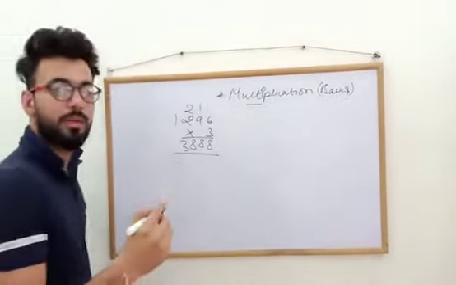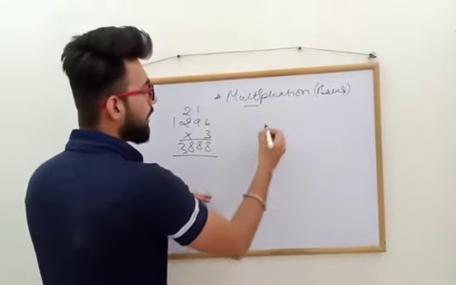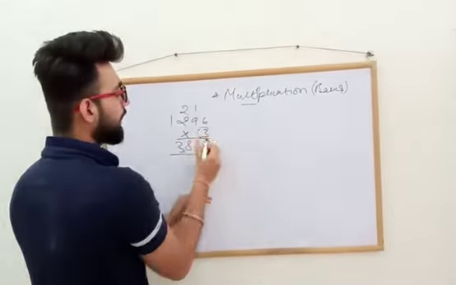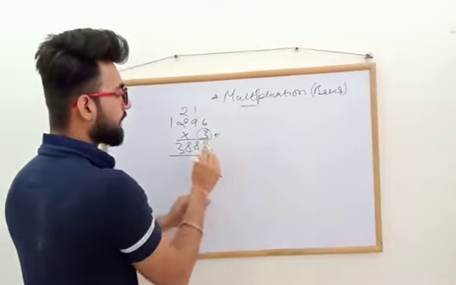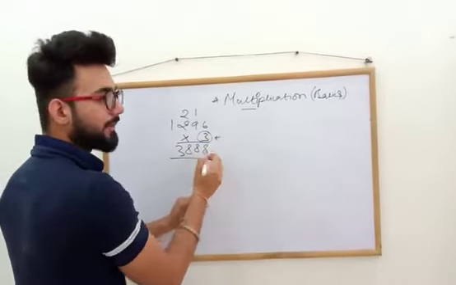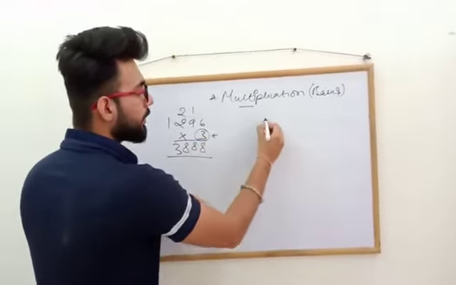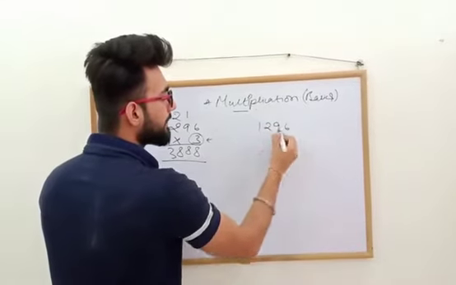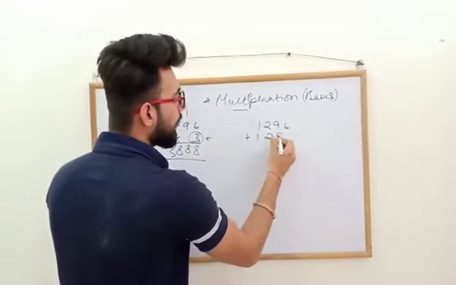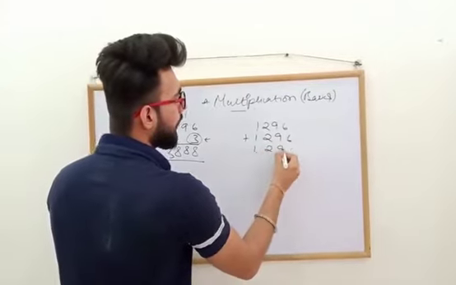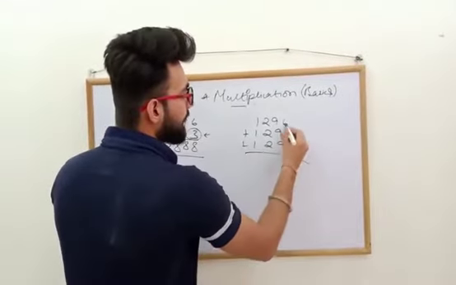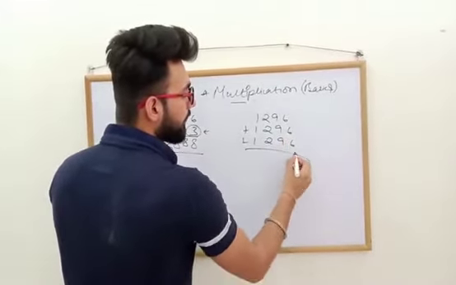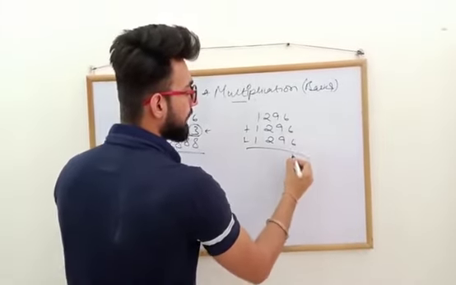But if you want to do this with a method known as repeated addition, how do we do this? We need to keep in mind the number which is the multiplier. How many times is the multiplier there? It's written 3 over here. So we will write 1296 3 times. 1296, 1296. Okay? 6, 6, 6, 18. 6 and 6 is 12, 12 and 6 is 18.